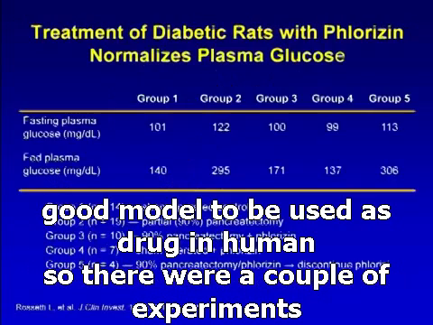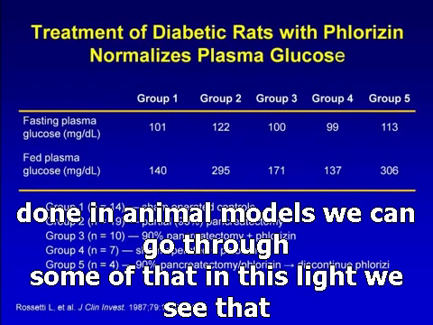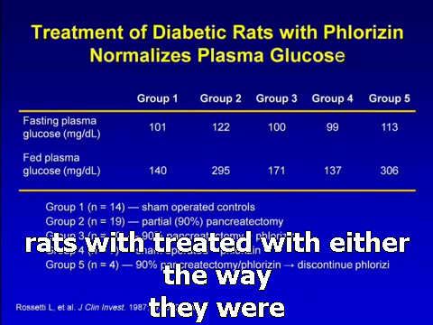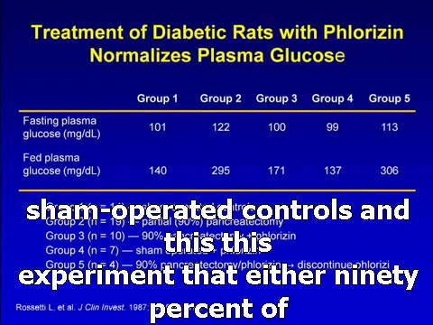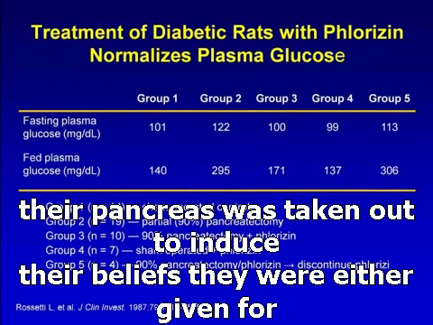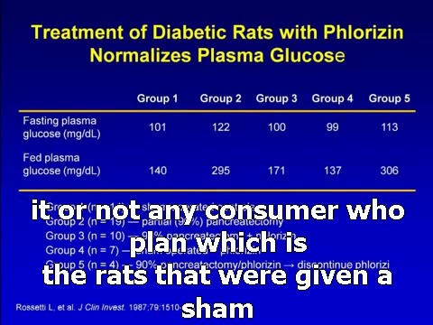in a human. So there were a couple of experiments done in animal models. We're going to go through some of that. In this slide, we see that rats were treated with phlorizin. In this experiment, rats either had 90% of their pancreas taken out to induce diabetes or were sham-operated controls. They were either given phlorizin or not.